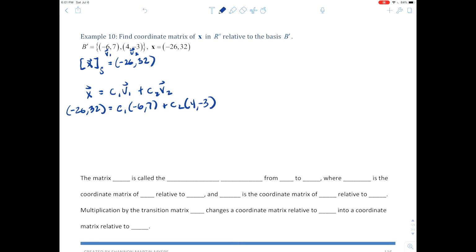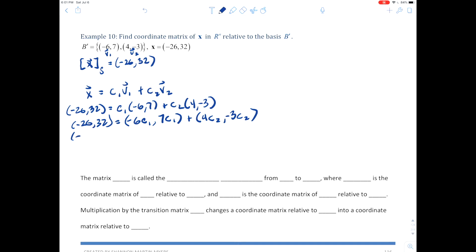So what do we do? We would have negative 26, 32 equals negative 6c1, comma, 7c1, bringing the c1's in, plus 4c2, comma, negative 3c2.